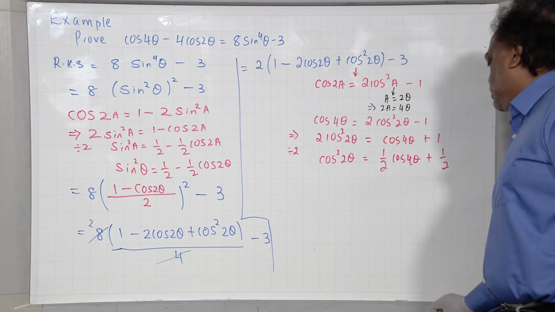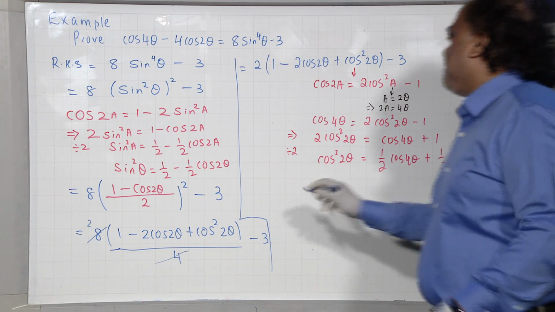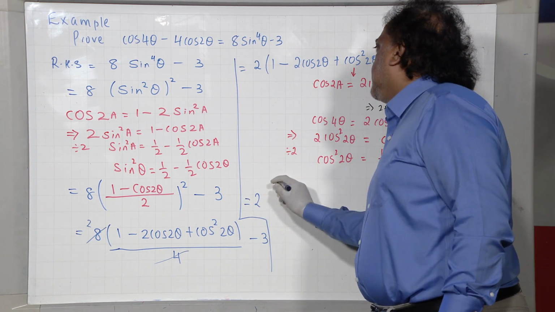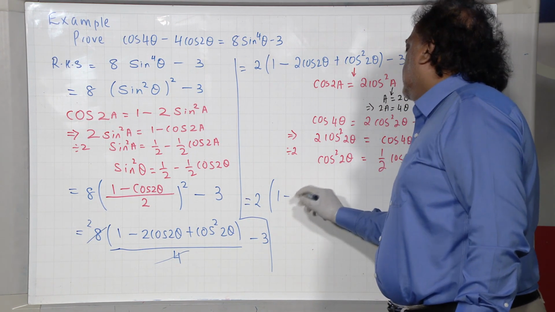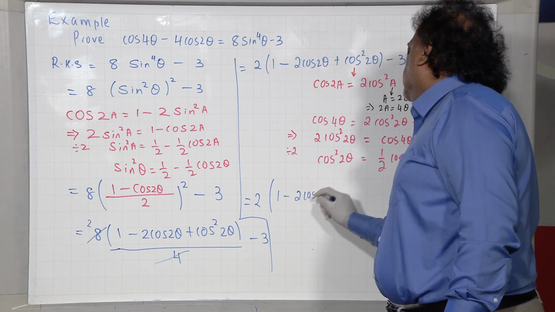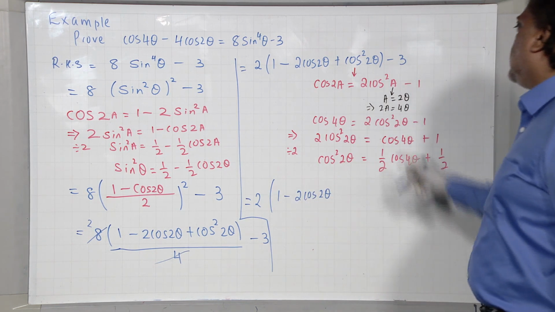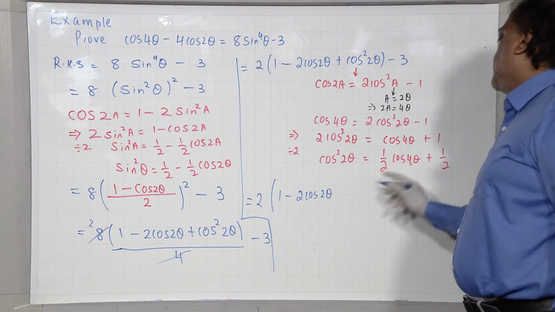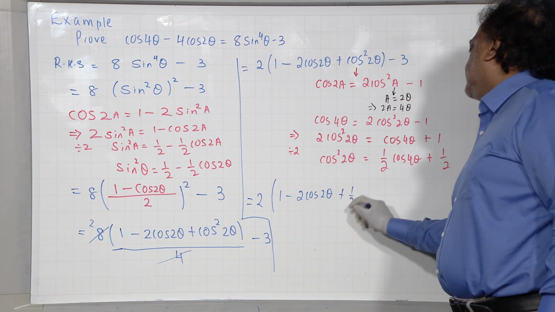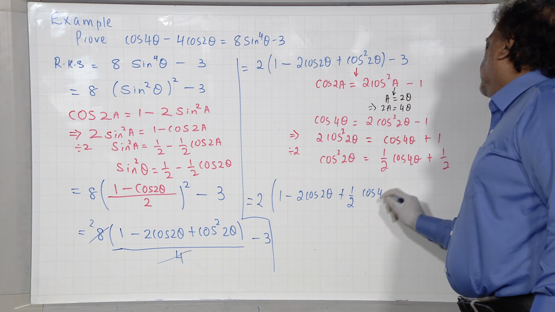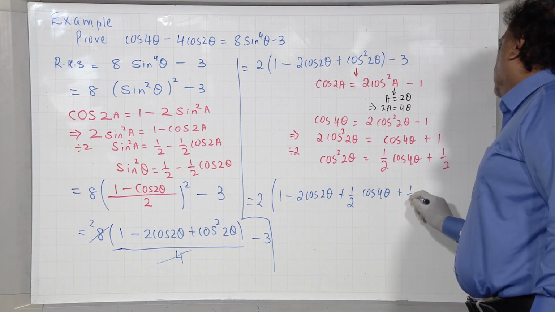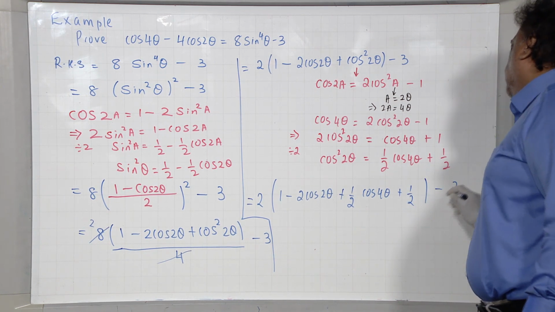So I'm going to now replace: we had 2 times (1 minus 2 cos 2 theta, and the cos squared 2 theta will now be replaced by half cos 4 theta plus half) minus 3.